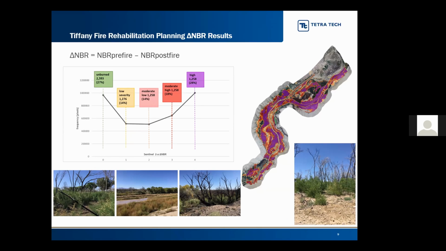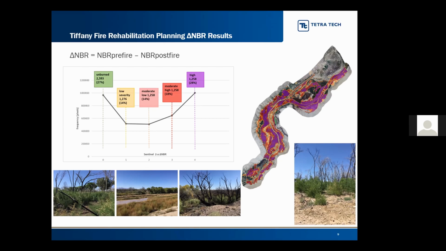These are the results. So the frequency chart here shows the distribution of difference in NBR values. So about 30% of the site was unburned, and then almost 50% experienced a moderate high to high severity burn. And I went out there and checked the accuracy of these GIS results, and they were pretty accurate.